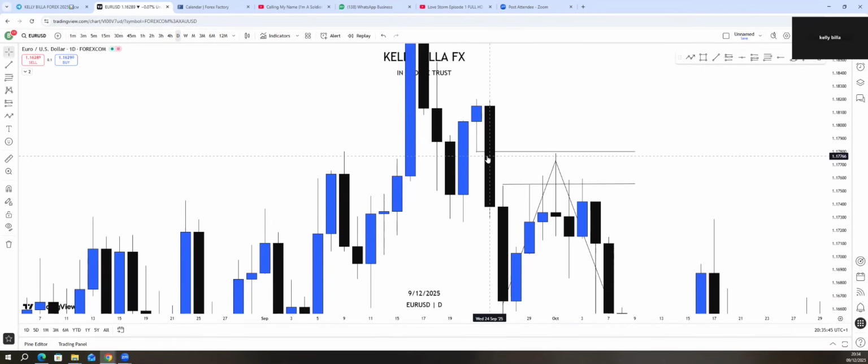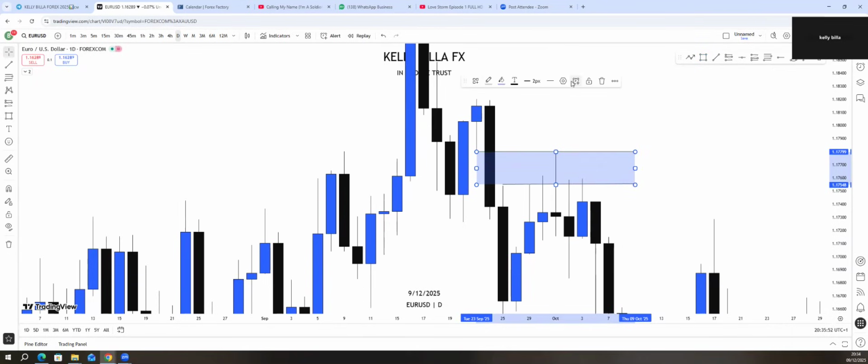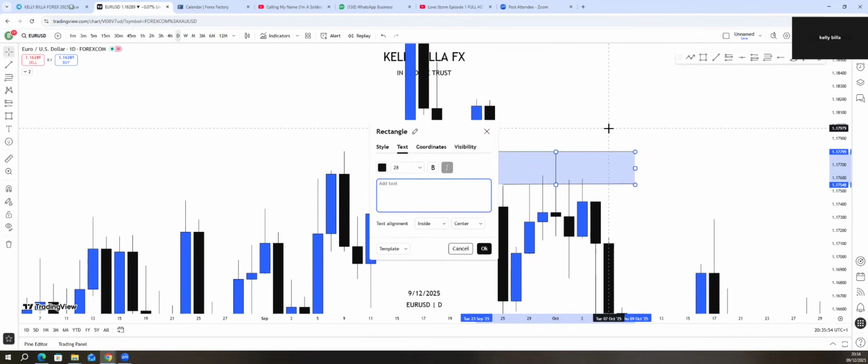So these fair value gaps also help you to pick out good supply zones, because if you want to know that this area is a very perfect supply zone, then you need to see strong sell pressure. And this strong sell pressure is being represented by using these fair value gaps.